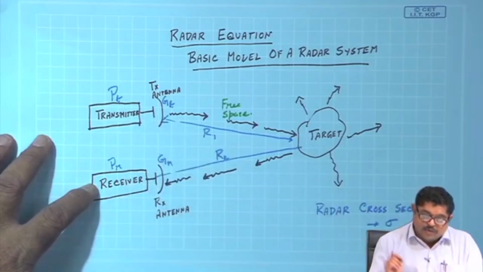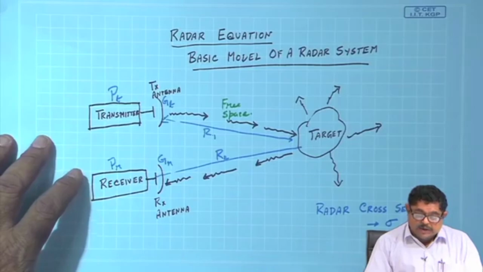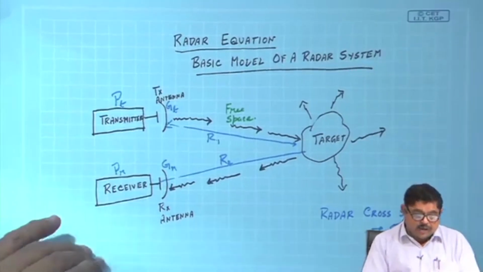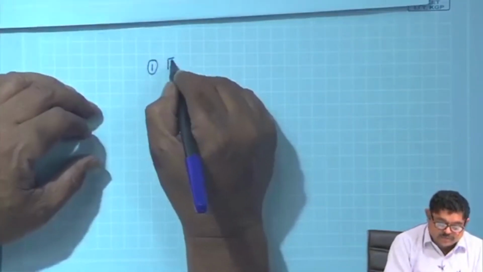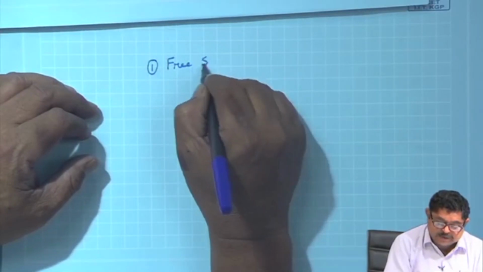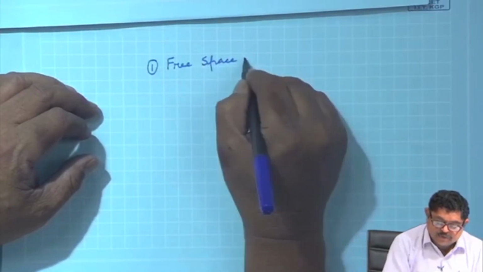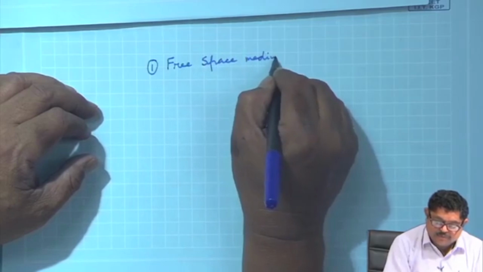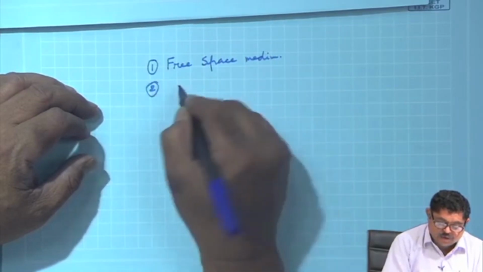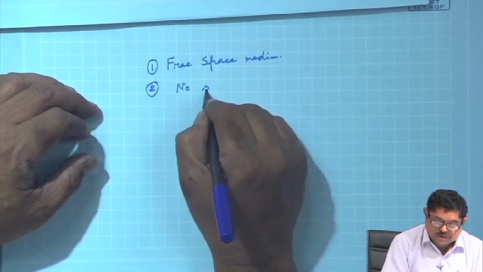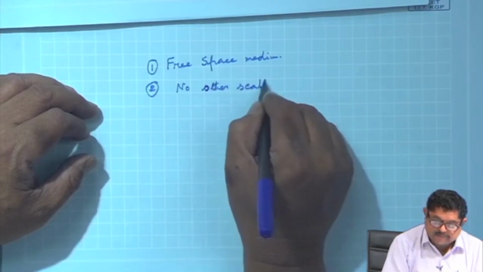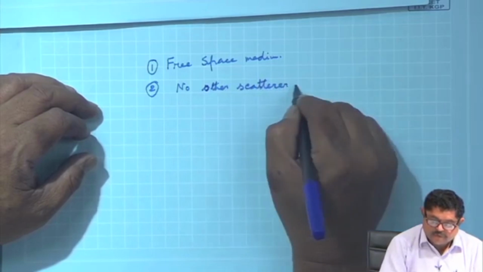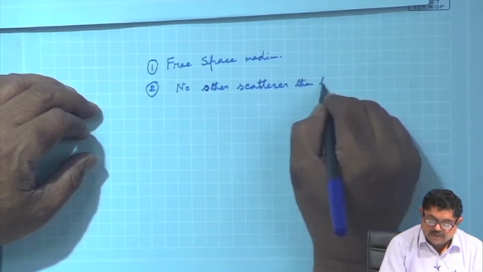So, what are then the assumptions of this model? Let me write that. One thing is the medium is free space medium, no other scatterer than the target.